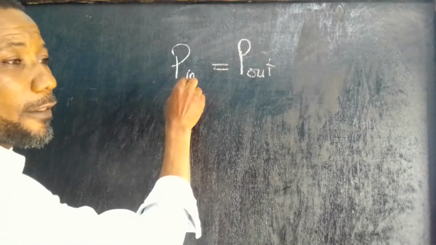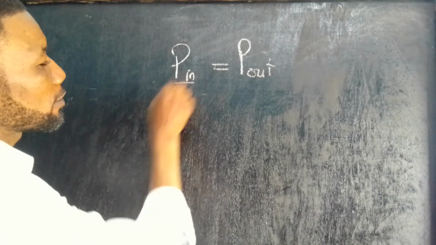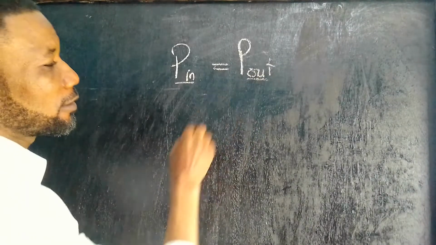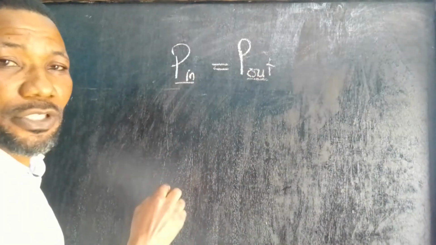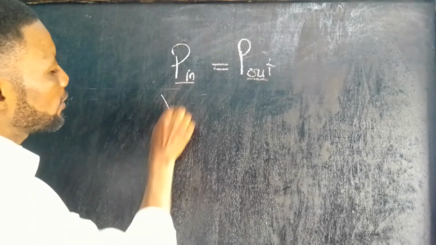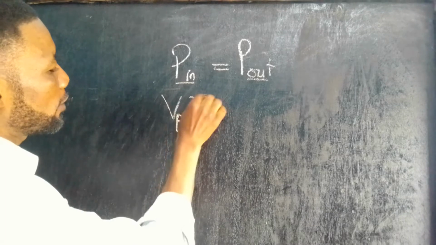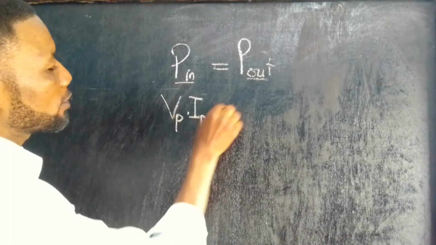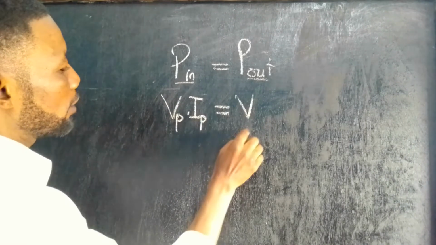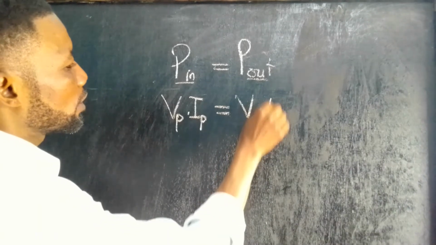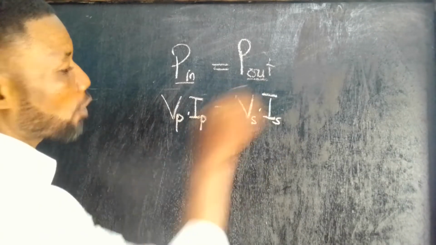This is the power at the primary coil and the power delivered by the secondary coil. So the primary voltage times the primary current should be equal to the secondary voltage times the secondary current.